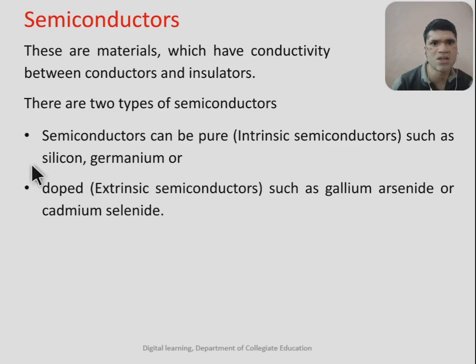These semiconductors are doped and are called extrinsic semiconductors, such as gallium arsenide, cadmium selenide, etc. Here arsenic is doped into gallium. Similarly, selenium is doped into cadmium.